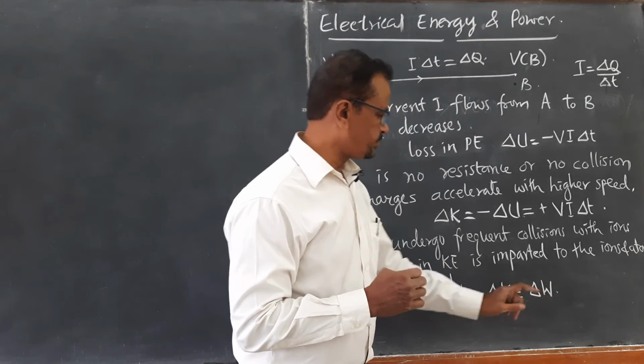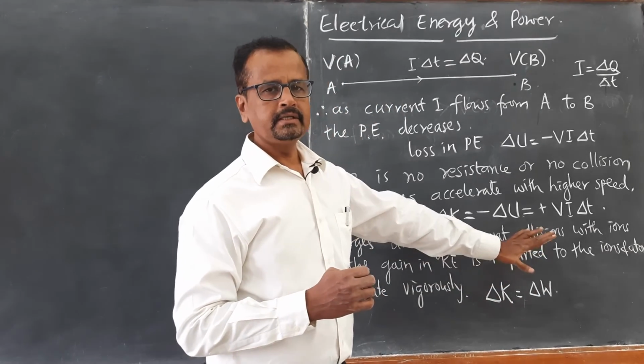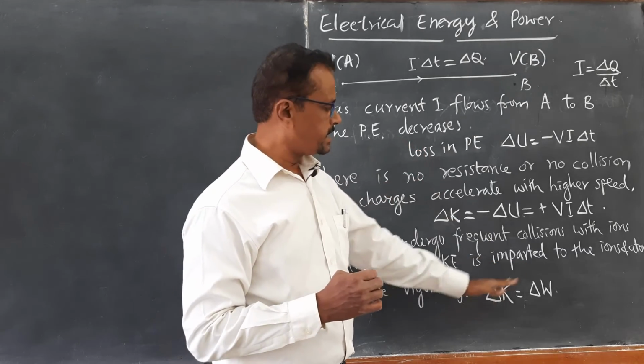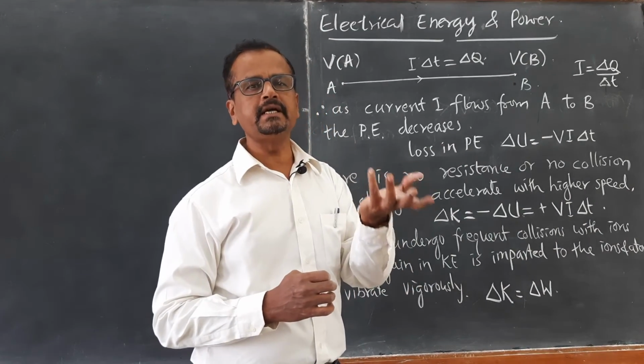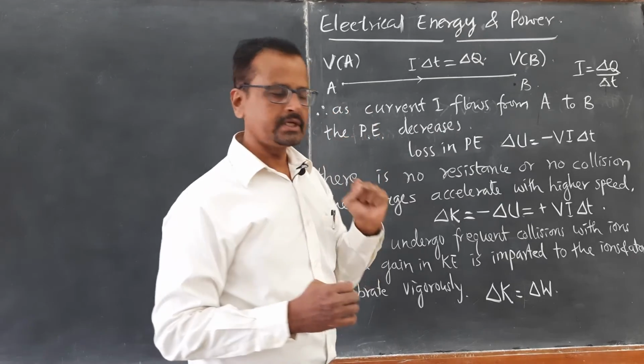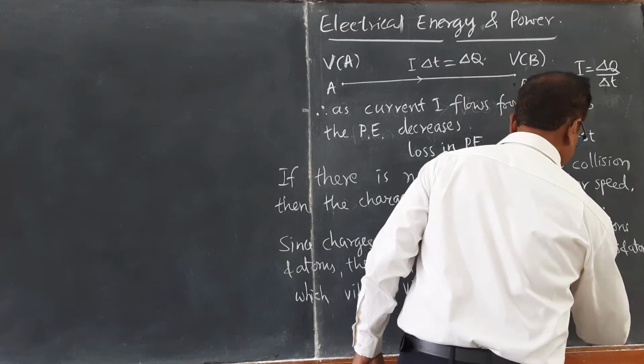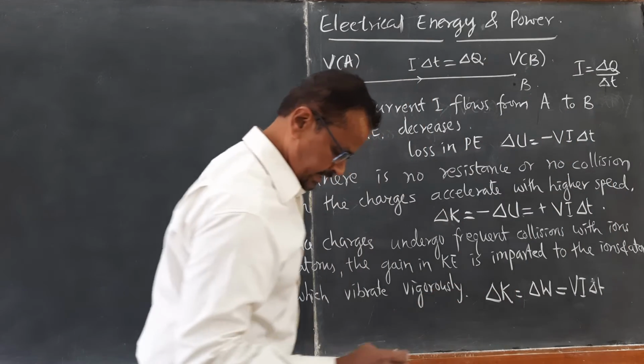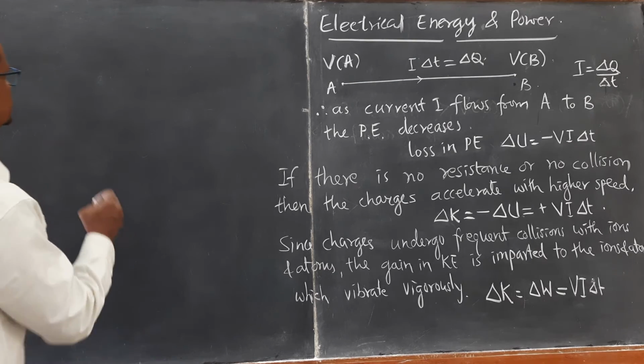So, delta K should be equal to delta W, where delta W is the work done, that is the energy that is imparted to the atoms and ions, which is equal to VI delta T. Therefore, I can calculate what is the power now.